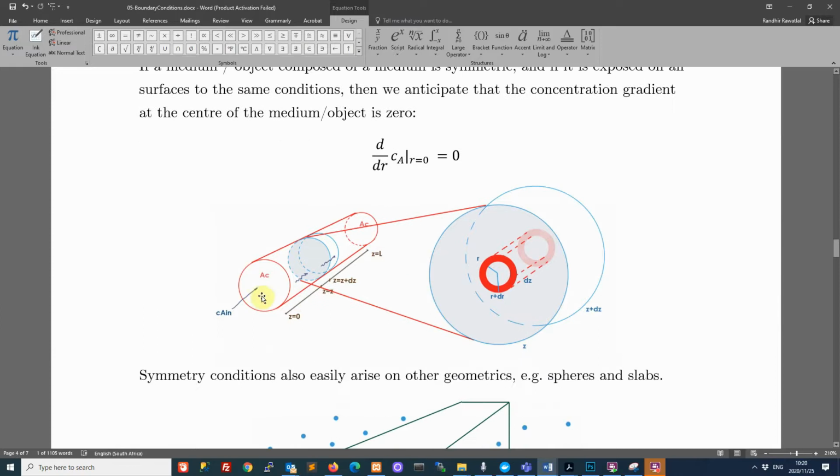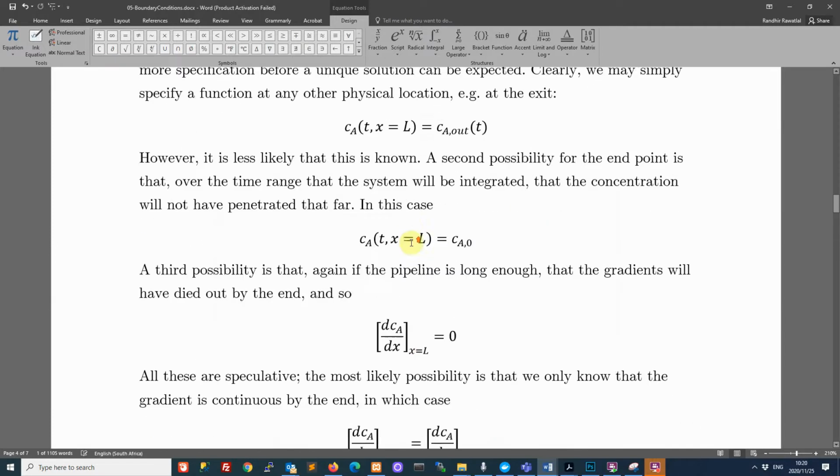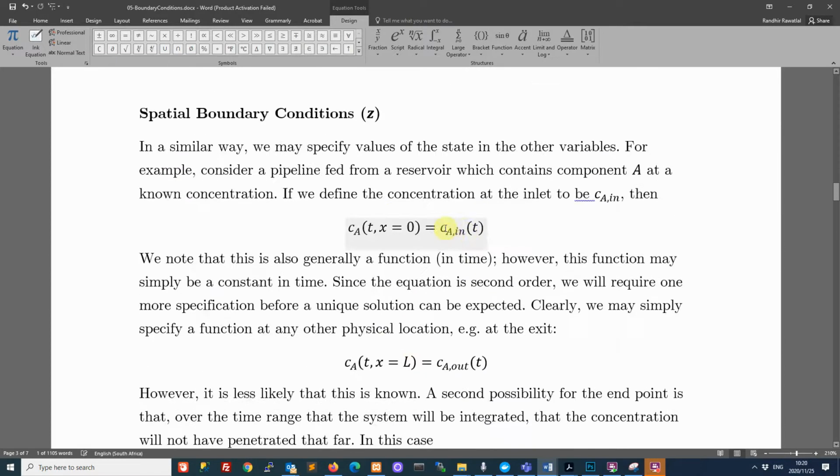So back to our picture, if we were changing the concentration at the inlet, then that would simply change the inlet condition here. So we are not concerned with this being constant or anything like that, that might be changing with time, but that doesn't invalidate this condition. We can still say that the concentration at x equals 0 equals that value. Right, so that's a boundary condition we can apply at the inlet point.